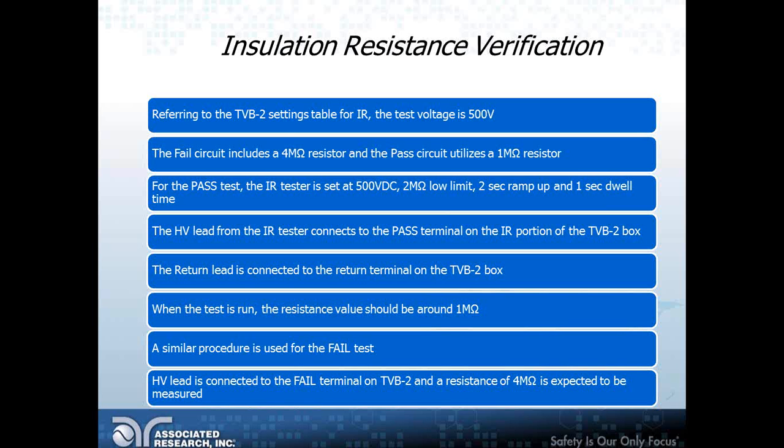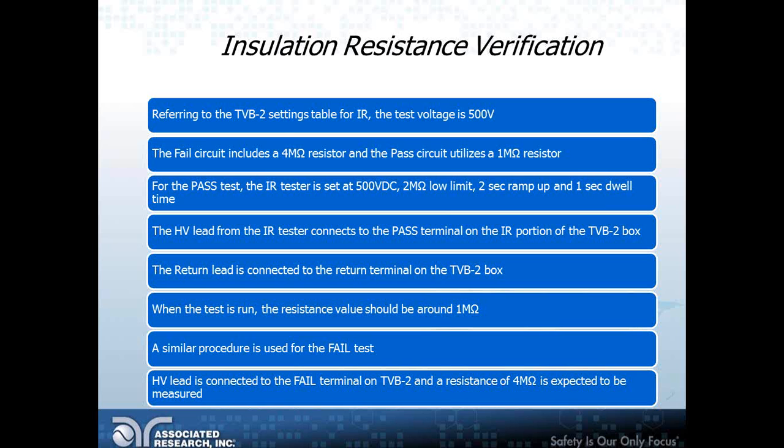Now similarly, the next test would be a fail verification. So this time the insulation resistance tester is set to the same parameters as the pass test, but the high voltage lead is moved from the pass side to the fail terminal on the TVB2 box for the IR test.